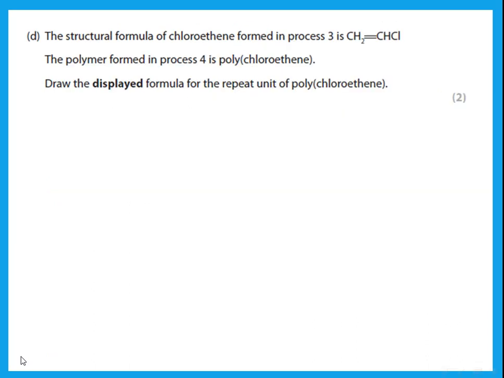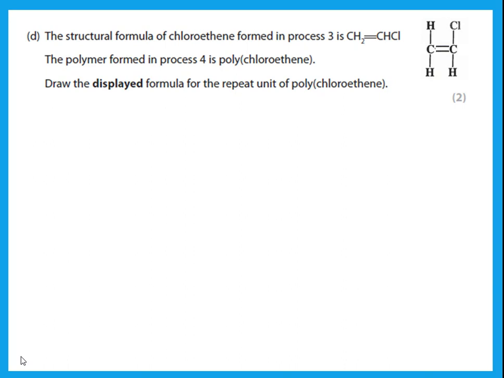Okay? The structural formula of chloroethene formed in process 3 is this. The polymer formed in process 4 is polychloroethene. Draw the displayed formula for the repeat unit of polychloroethene. So basically you're trying to draw the polymer of that compound that he drew there. So let's draw that compound first.